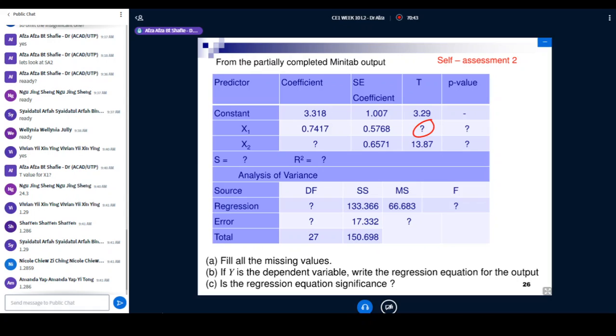Okay, so what's the P value for X1 here? What's the P value for X1?